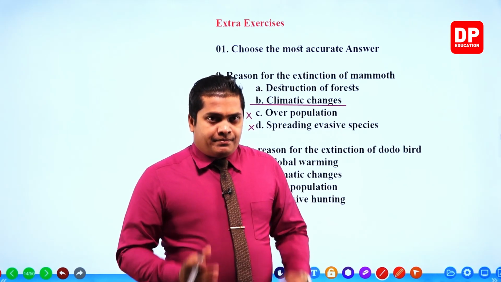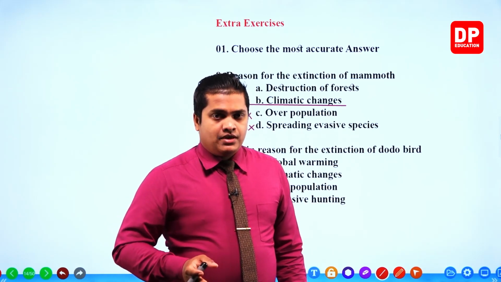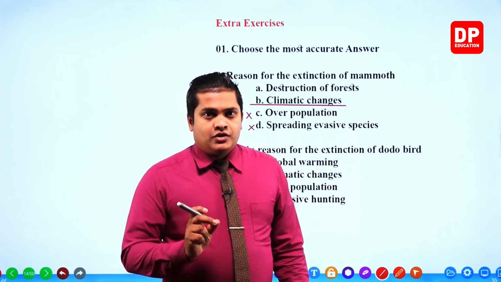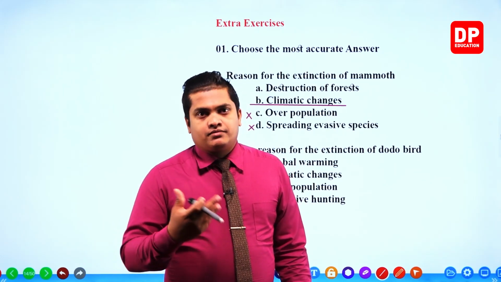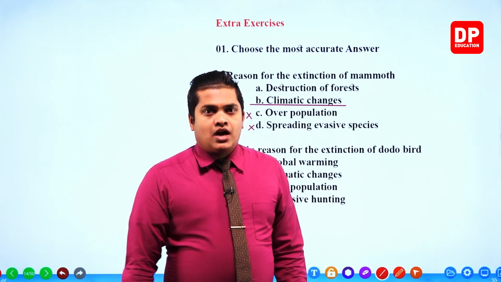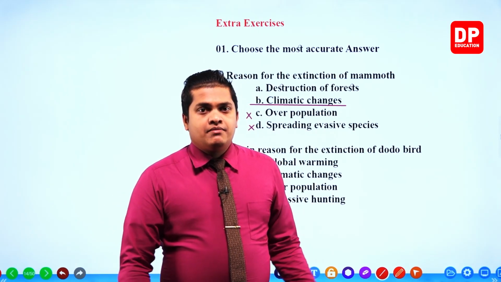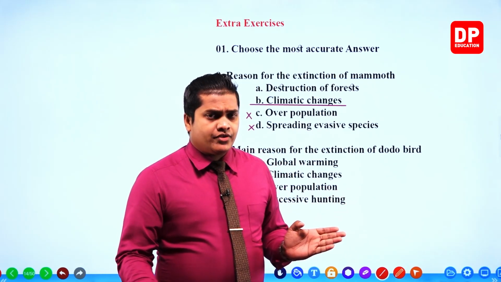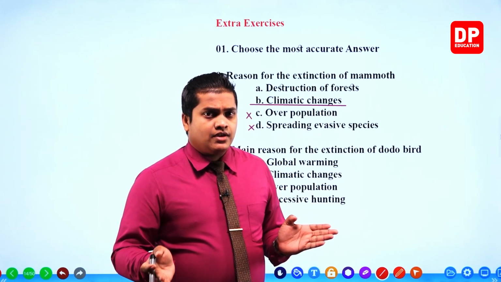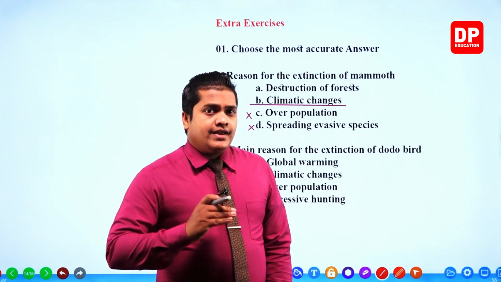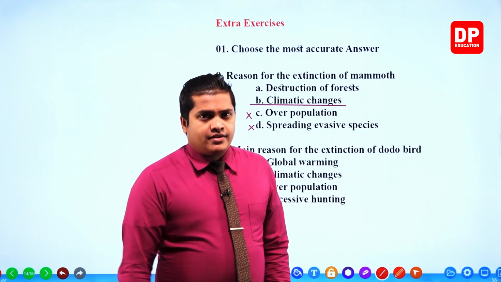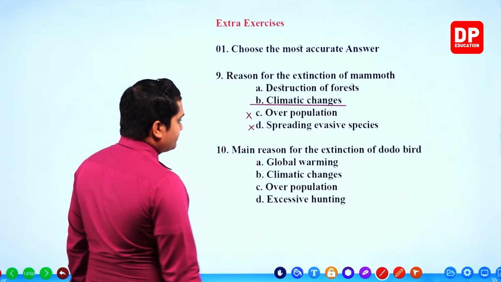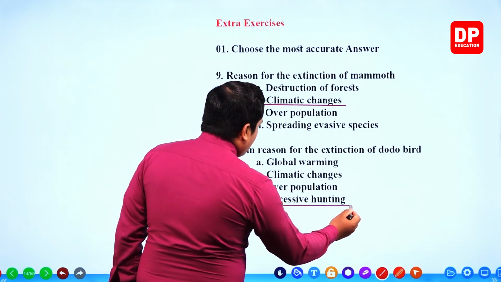So for the pets brought by people, these birds were very easy prey. Also, for food, humans hunted these organisms in bunches. So during the 18th to 19th century, the dodo bird was eradicated from planet Earth because of that excessive hunting, my dear children. So the correct answer would be excessive hunting.